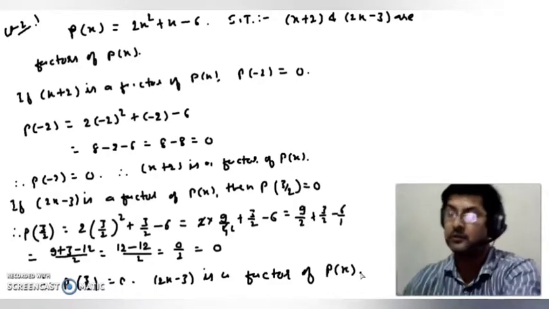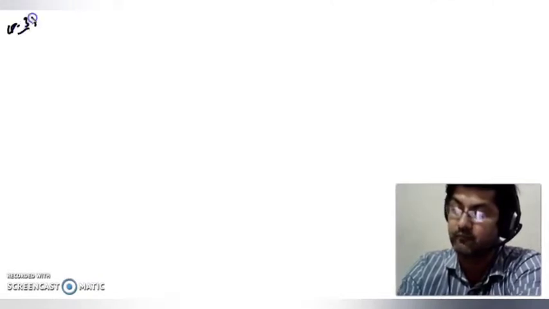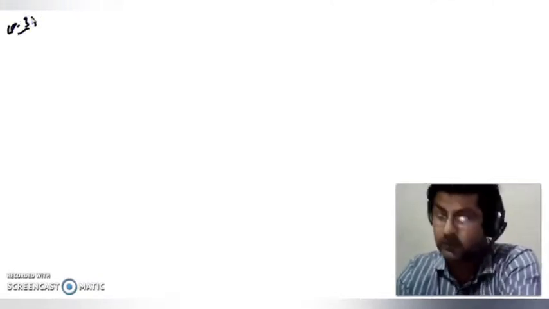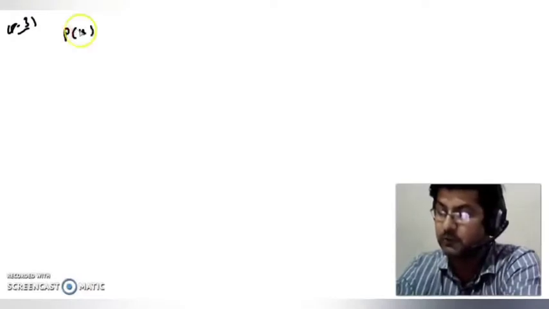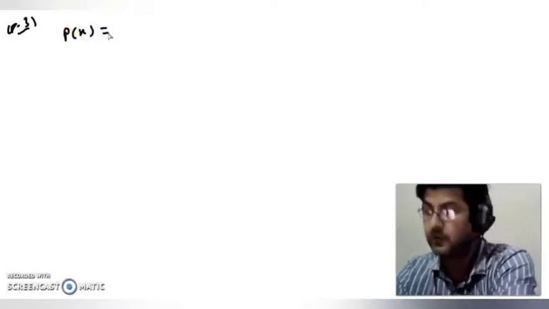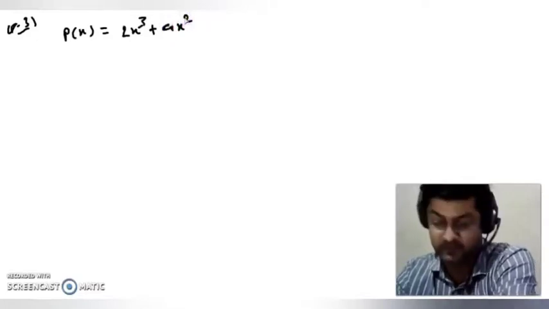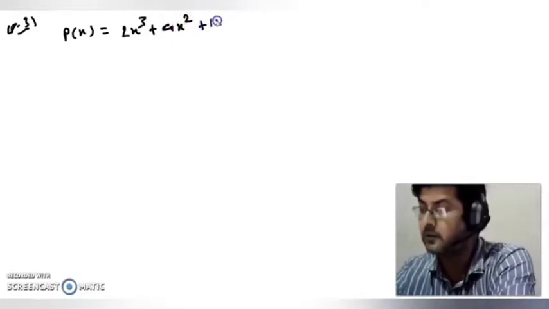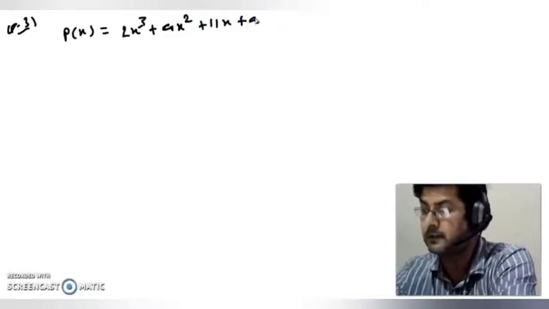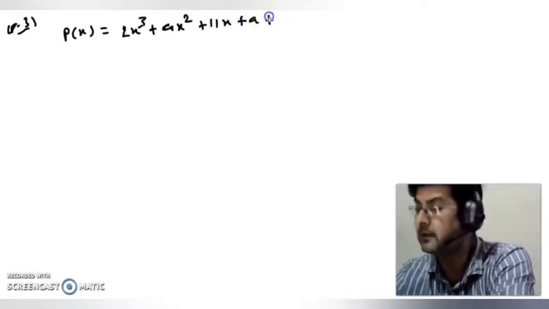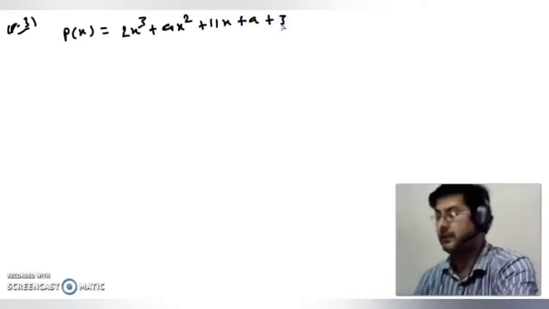Now let us solve the third question. Okay, here the polynomial is given: P of x is equal to 2x cube plus a x square plus 11x plus a plus 3.